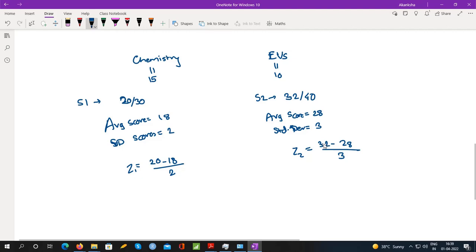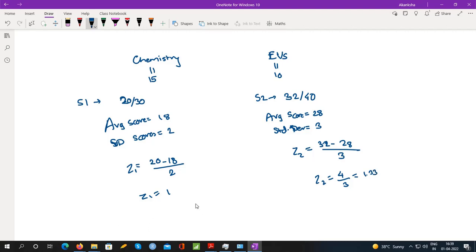Now see, z1 is 2 by 2, so z1 is 1. z2 is 4 by 3, so 4 by 3 is 1 point something, 1.33.